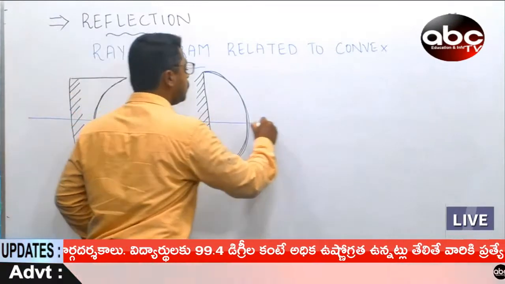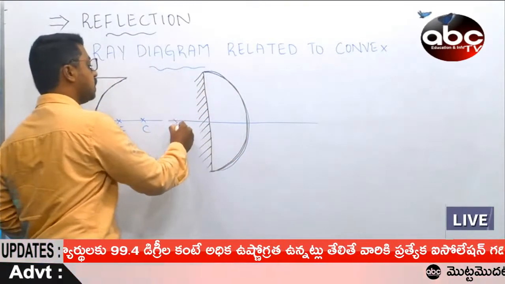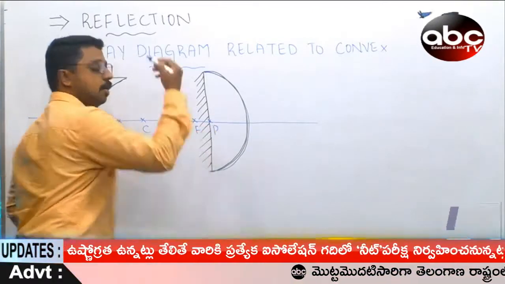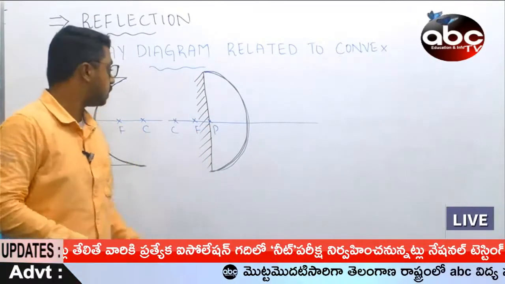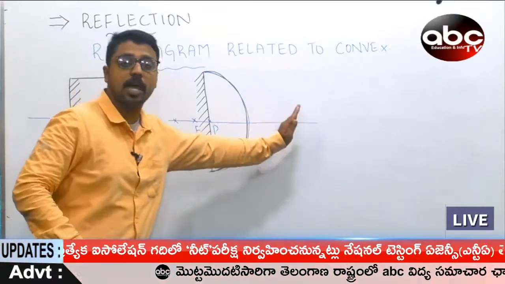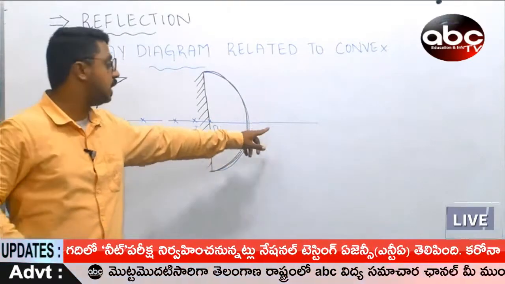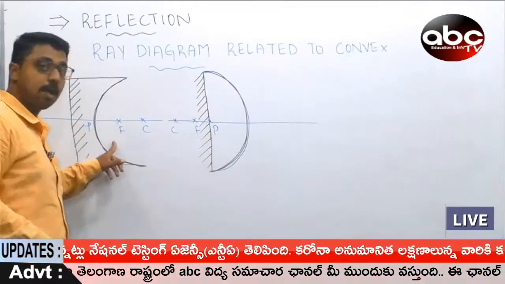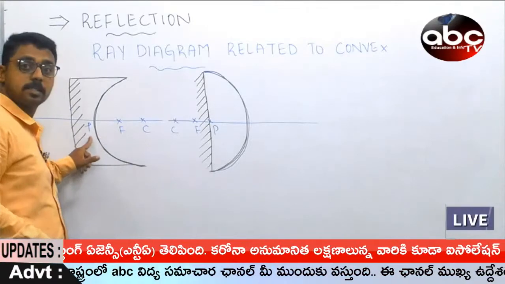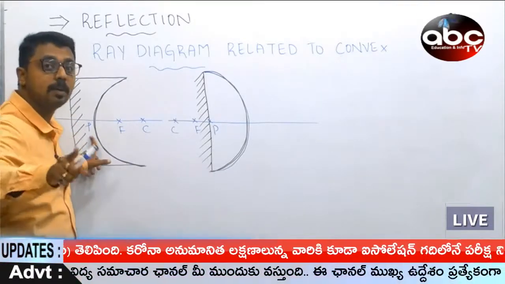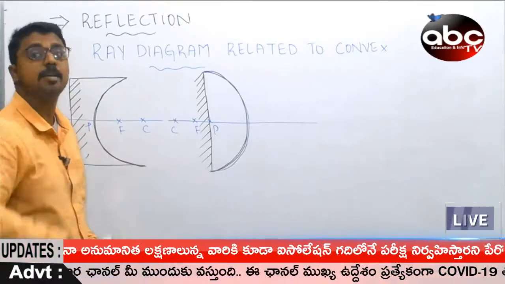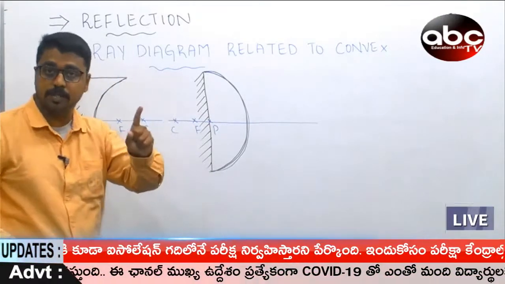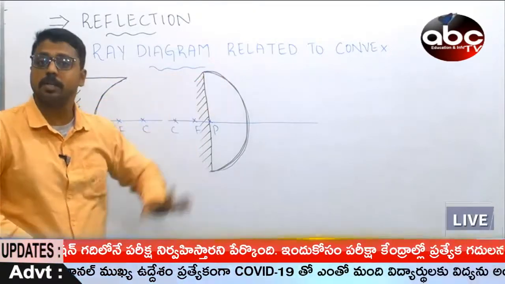So you are able to expect the inner portions as the center of curvature, focus and pole. On the active side, you are not going to possess any such points. Whereas in the concave mirror, you are able to possess all the points or all the terminology on the active side. This is the main difference, my dear friends, because on this factor itself, we are going to discuss the ray diagrams which are related to convex.